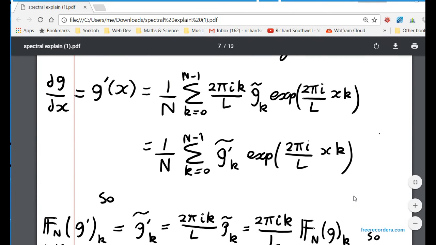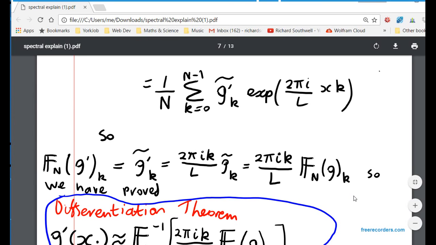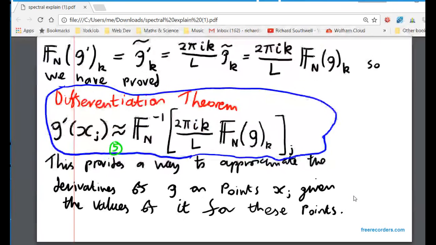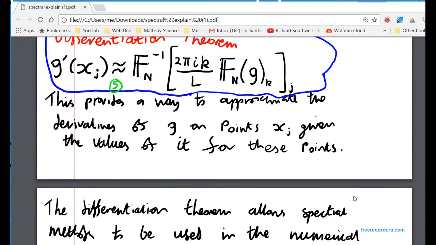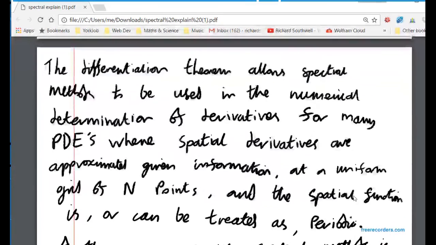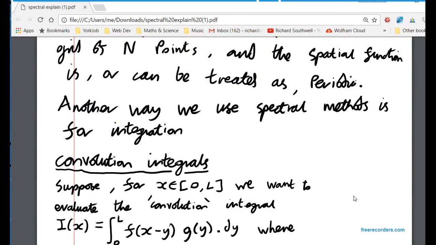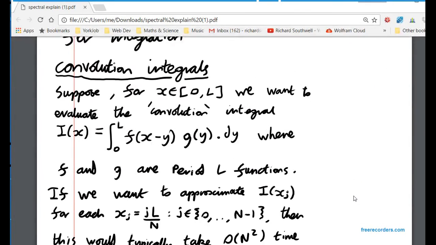So we can write that in terms of our formula here, and we've got the proof. Okay, so that's basically what spectral methods does for us with respect to differentiation.